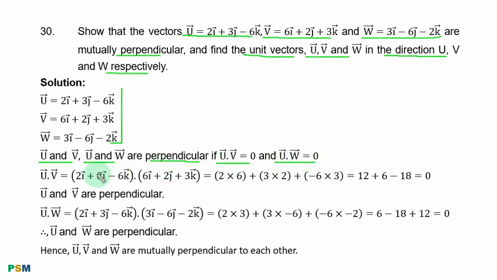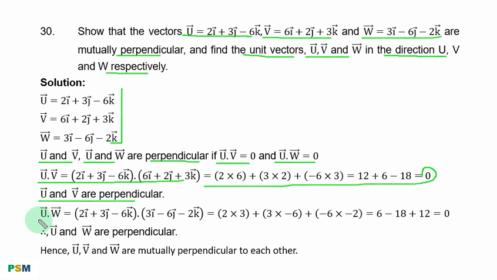So we find the dot product of vectors U and V. When you do that, you have it in this form and you have 0. Remember, first component times first component plus second times second plus third times third. You have 0. So vectors U and V are perpendicular because their dot product is equal to 0.